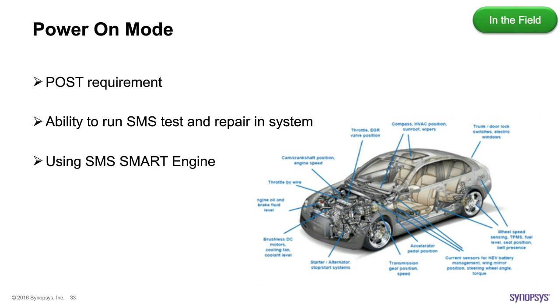Now, most of these capabilities that we talked about are used also in the field, not only upon manufacturing, but once they become part of the system, they will be utilized later on as well. Why? As we said before, there are different types of failures, permanent failures, that will happen during the life cycle of the system.